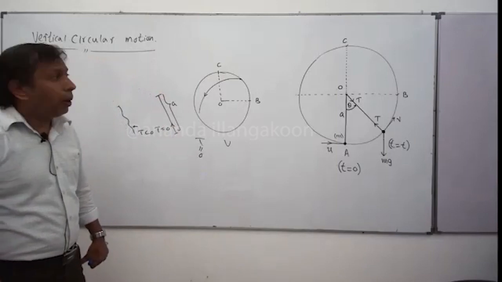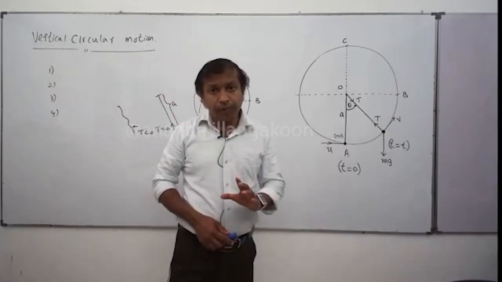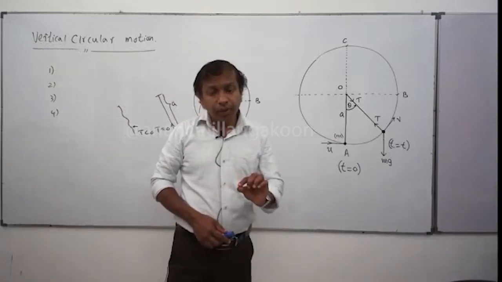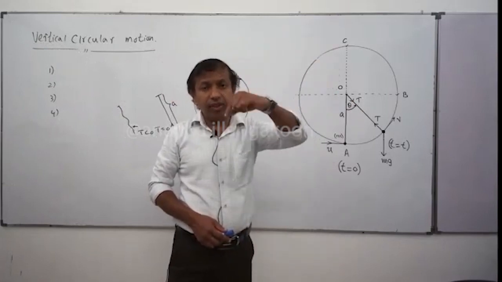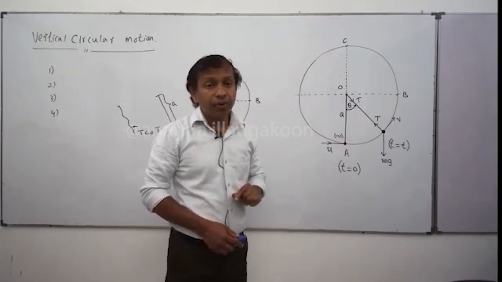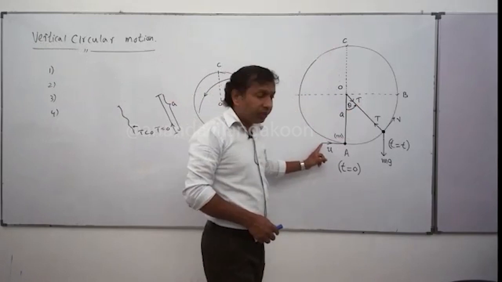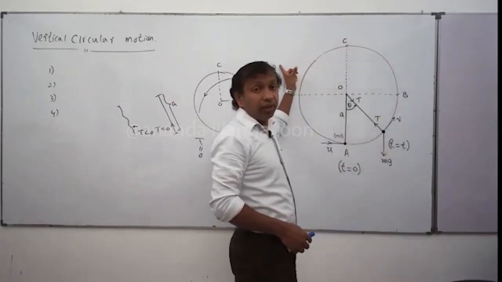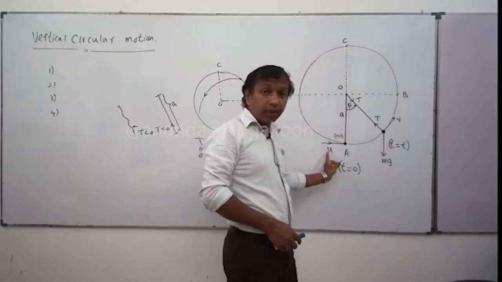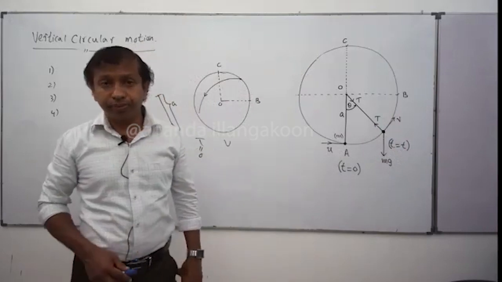People, the next thing, the particle can move in a complete circle very easily. That means if we give initially a huge value for this u, without any trouble, the particle moves this way, comes to the highest point, and then the rest part of the circle it moves smoothly without any trouble.